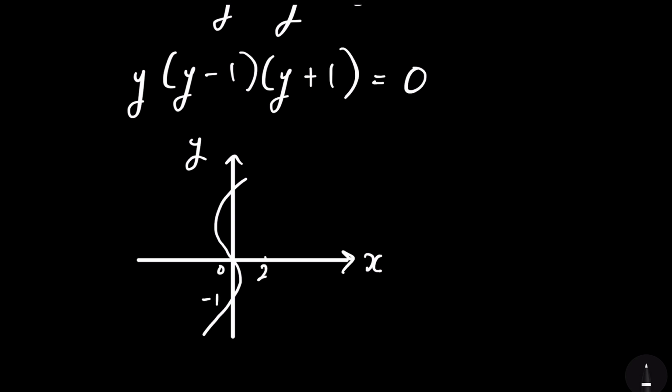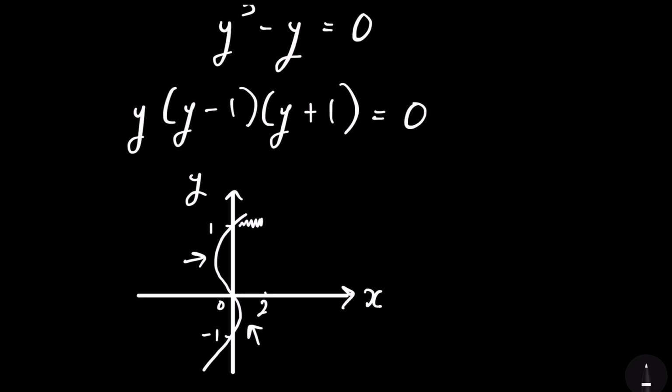We have -1, 0, and 1. From -1 to 2, are we injective? Well, no, because of this part here. And from 0 to 2, are we injective? No, because of this part here. However, from 1 to 2, so around this area, the function is only moving in one direction. So this will be our lower limit.